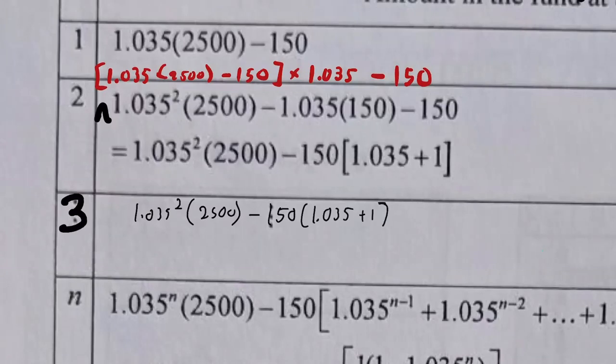Right, copy and paste done. Then you see the procedure. Maybe I write in pink color. Bracket times 1.035, then minus 150. The pink color is the new step. So we're going to do the new step: bracket times 1.035 minus 150. Is it clear?